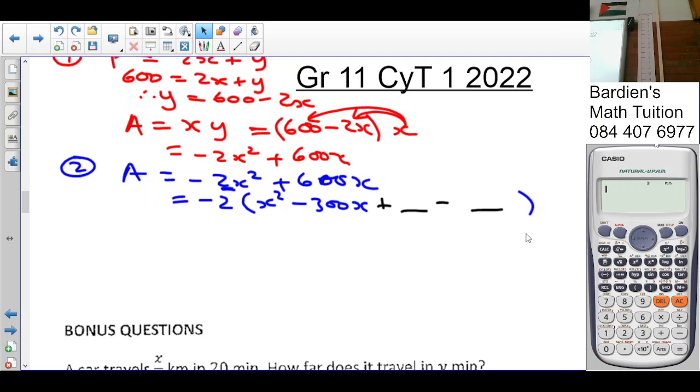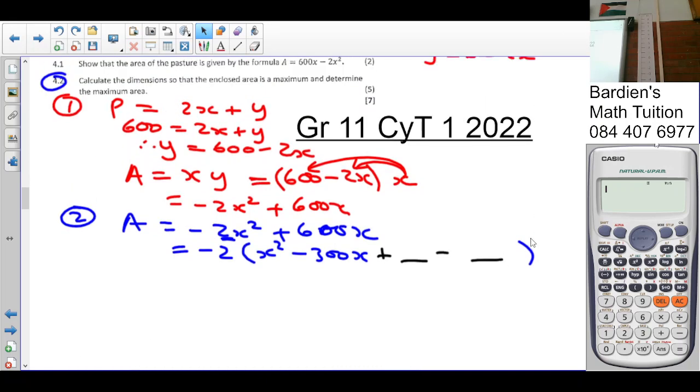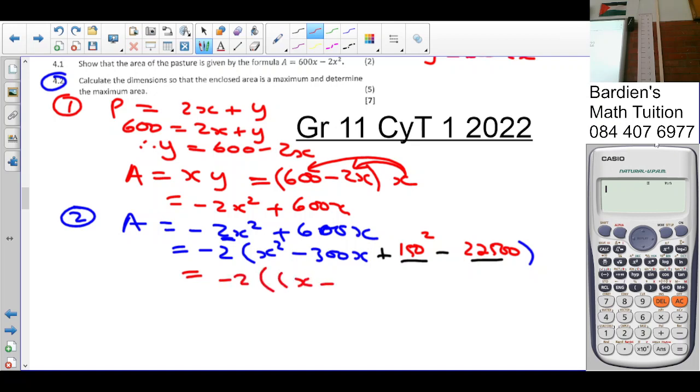It's going to be 300 times half, which is 150. And 150 squared is what? 150 squared is 22500. Is that correct? So now we will get rid of this negative 2. Now, first it's a perfect square trinomial. So it's x minus 150 all squared minus 22500.